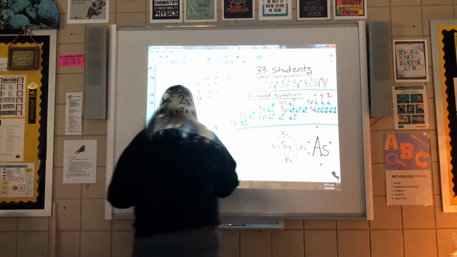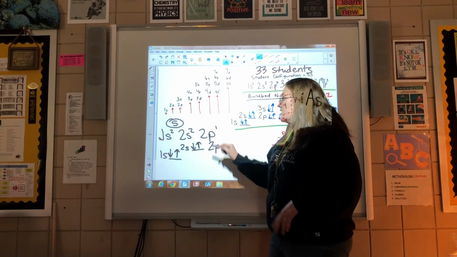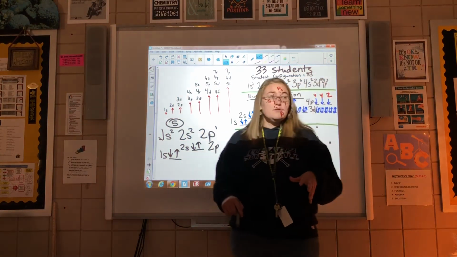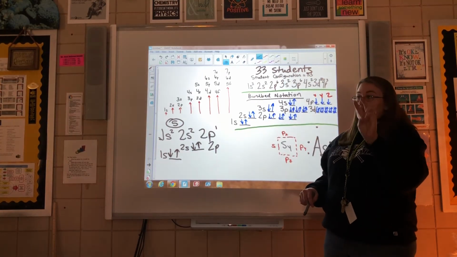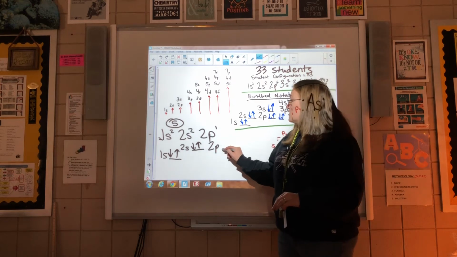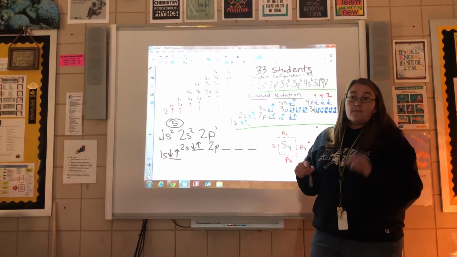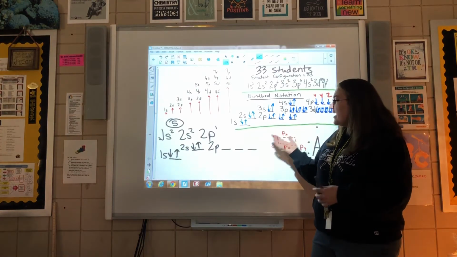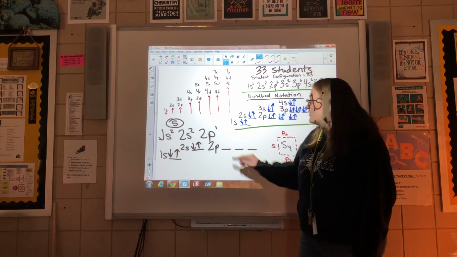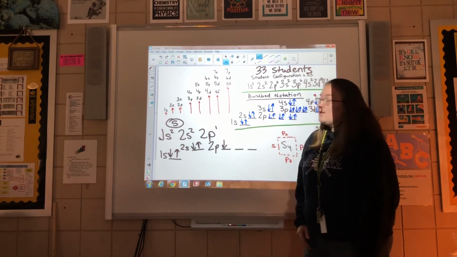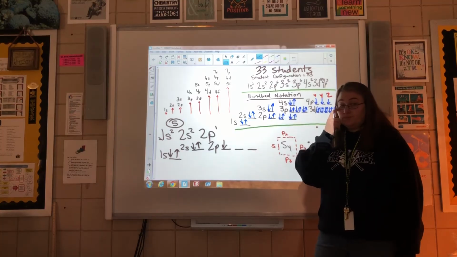Alright, so my next one is 2P. How many bunk beds are in a P room? It can hold 6 people with 3 bunk beds, okay? So 3 bunk beds, but how do I fill those bunk beds? Bottom first. But how many do I have to even put in there? Just 1. So that 1 is going to go in the first floor bottom bunk. And that's my notation.